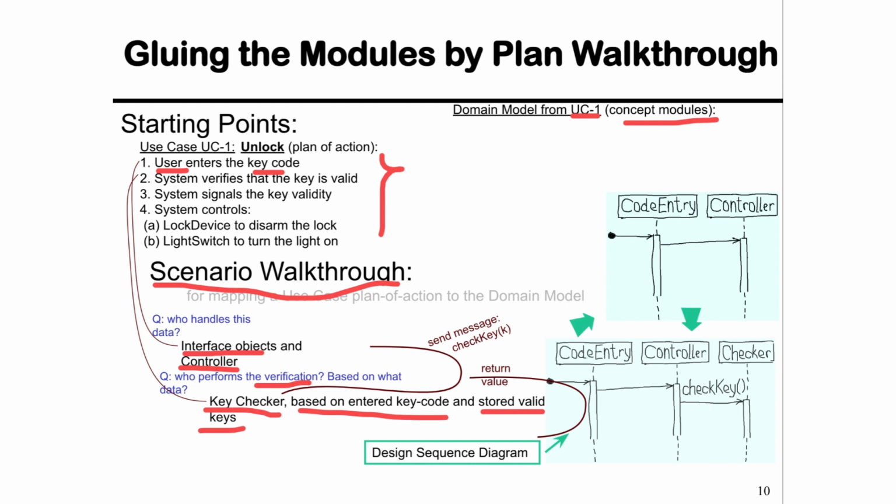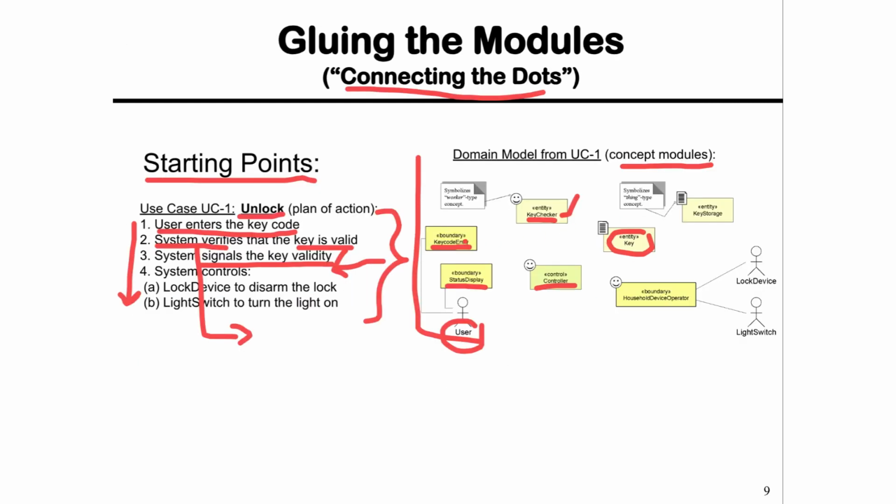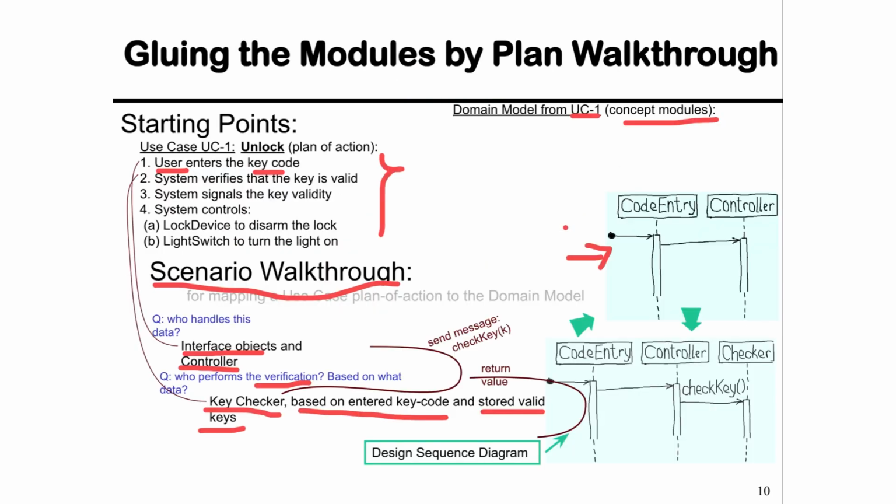Once you connect the dots or glue the modules by asking such questions and generating answers for those questions from the use case, the second step would be to design a dynamic diagram or a module sequence diagram. In order to design a module sequence diagram, you have to first sort the concept modules you have identified before in their order of usage according to the use case, and then track or plot the sequence of actions that could be undertaken by the use case.